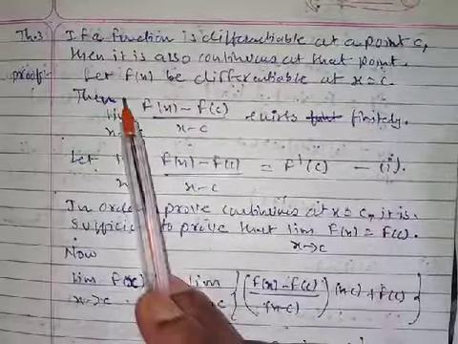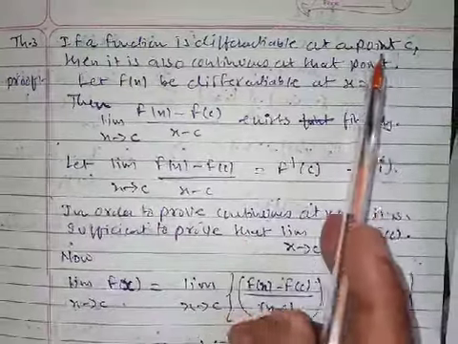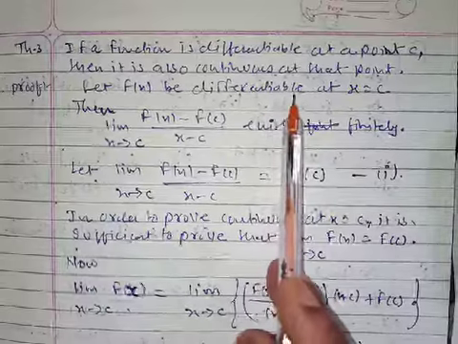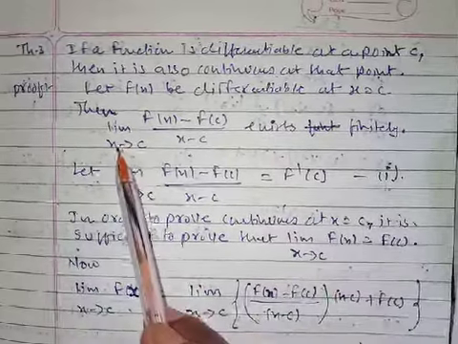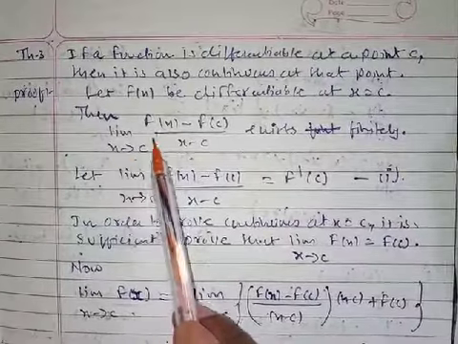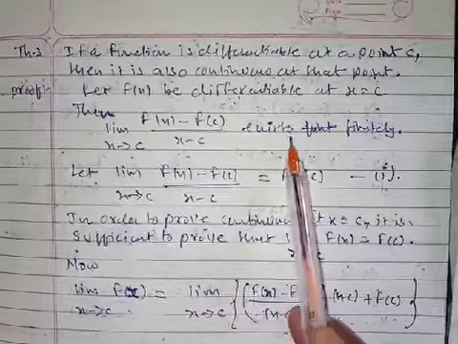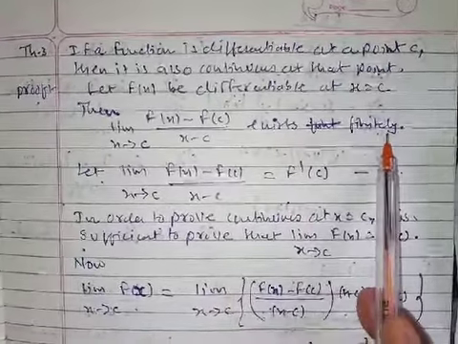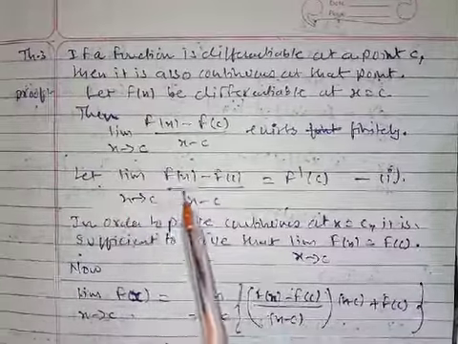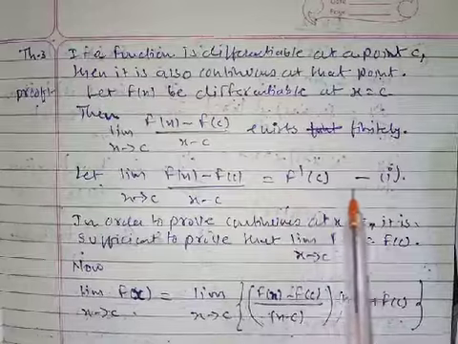Again, if a function is differentiable at point c, then according to the definition of differentiability, limit x tends to c, f of x minus f of c upon x minus c exists and is finite, equal to f dash of c.